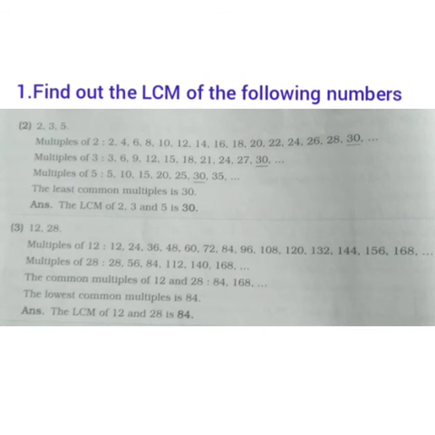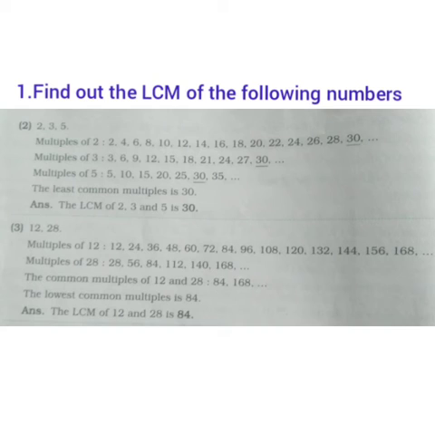Second sum, 2, 3, and 5. Let us start solving this. Multiples of 2: 2, 4, 6, 8, 10, 12, 14, 16, 18, 20, 22, 24, 26, 28, 30.